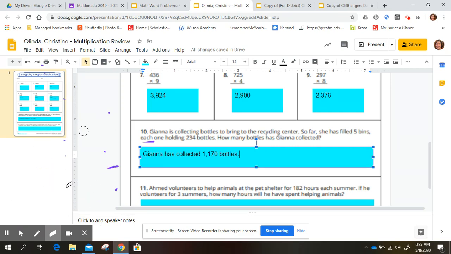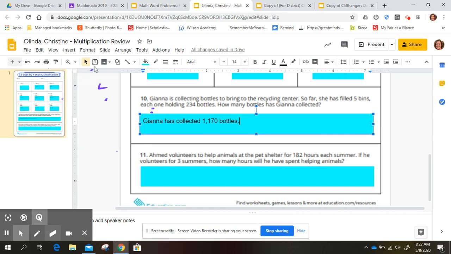And then we can work on the very last one. It says, Ahmed volunteers to help animals at a pet shelter for 182 hours each summer. If he volunteers for 3 summers, how many hours will he have spent helping the animals?